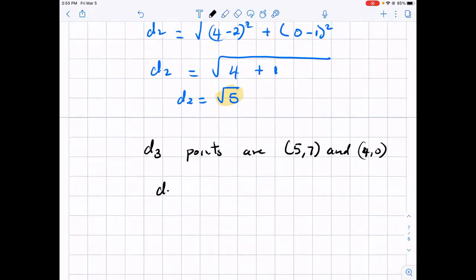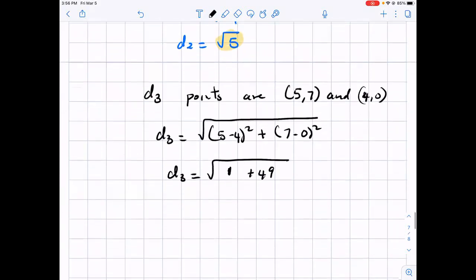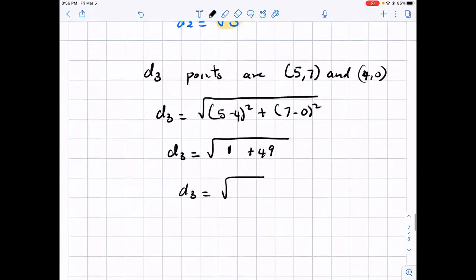So we can say that D3 is the square root of 5 minus 4 squared plus the y2 minus y1, which would be 7 minus 0 squared. So we have D3 is equal to the square root of 1 squared, which is 1. 7 minus 0 is 7, and that becomes 49. So D3 is equal to the square root of 50.